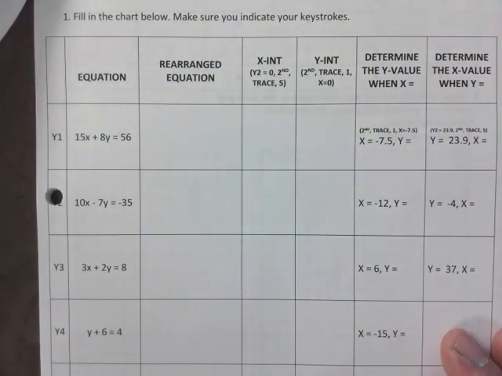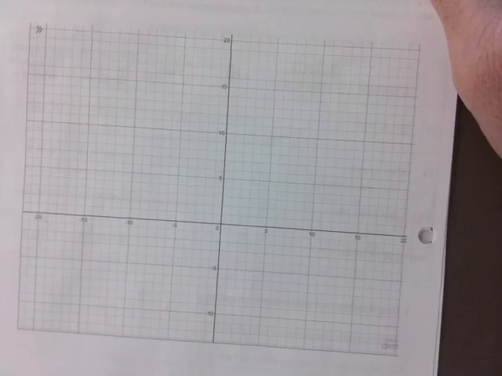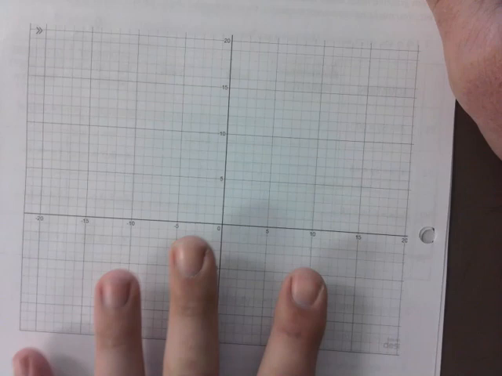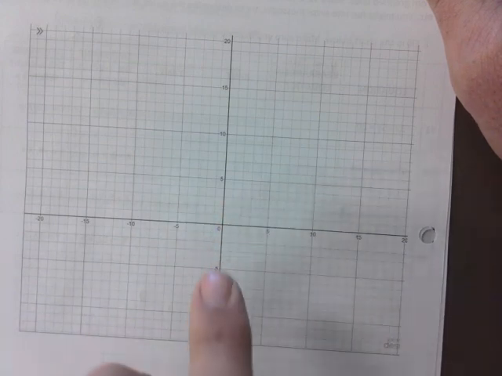Last but not least, you ready? Go to page 13. When you find all those points of intersections, I want you to graph all 4 lines on this grid. You don't have to scale anything, because I already did that for you. You just have to make sure, 1 line at a time, guys. 1 line at a time.